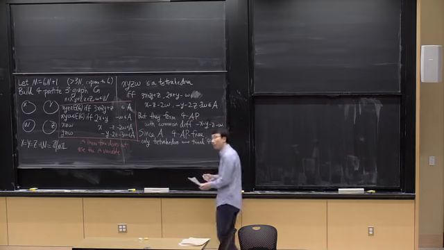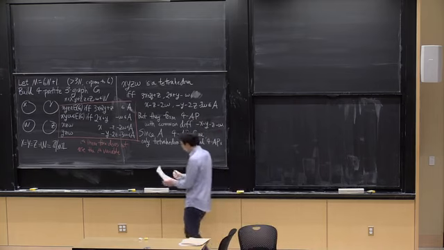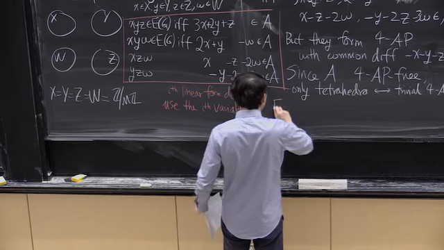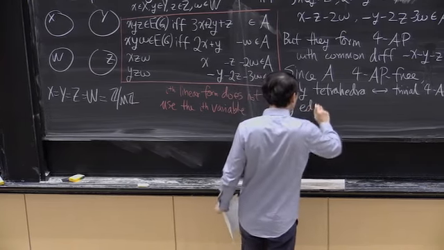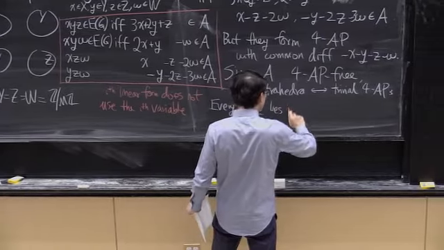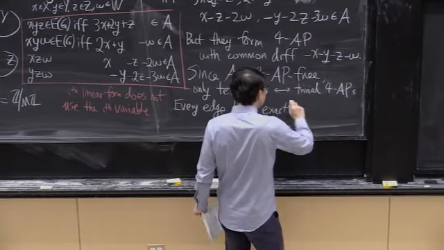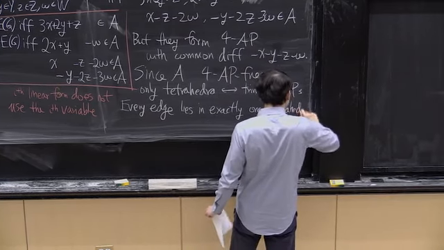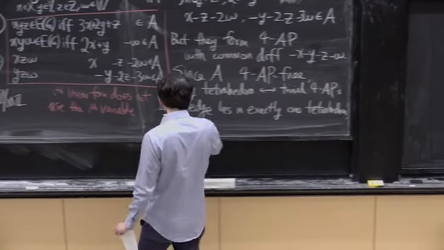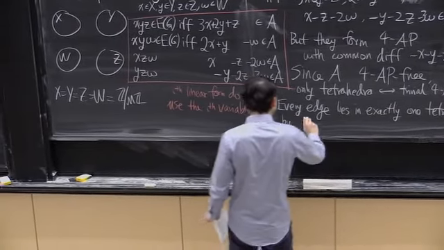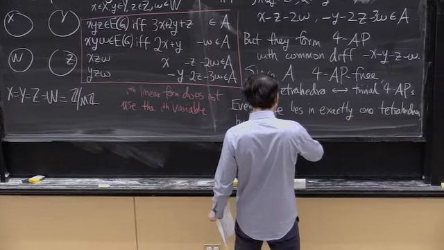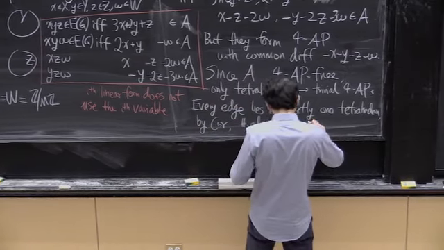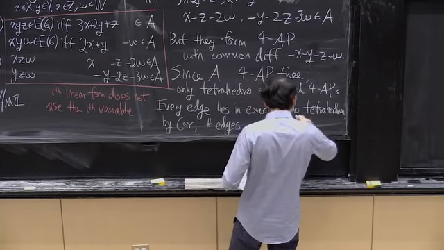And just as in the proof of Roth's theorem that we saw from the triangle removal lemma, the conclusion is that every edge lies in exactly one tetrahedron. And therefore, by the corollary, the number of edges is little o of m cubed.